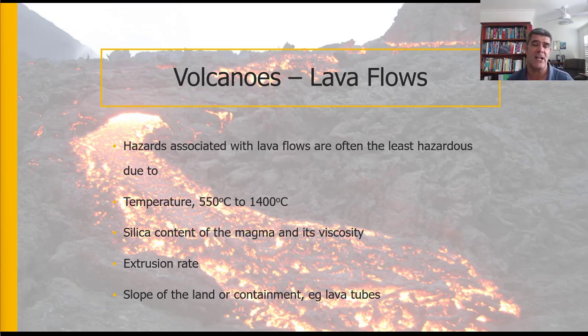Suffice it at this stage to say that hazards that are associated are often linked, and we will talk about this later too, to early warning systems and how early you can give information to people about a potential hazard, a potential disaster that could occur. Does the nature of that eruption give you more time or less time? Is that going to do more damage or less damage in a certain period of time based on the nature of the lava? And so that is something that we will need to come back and have a look at later on.